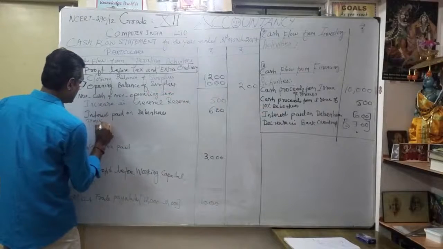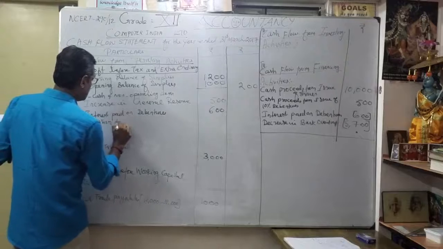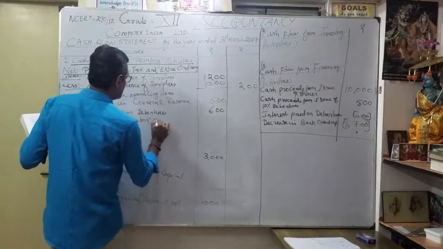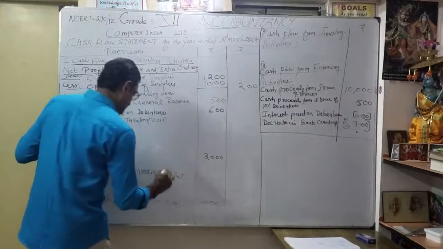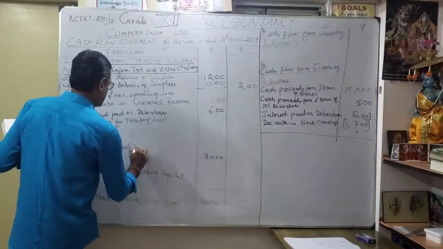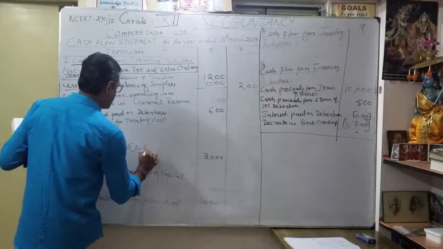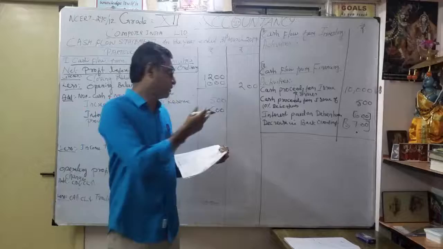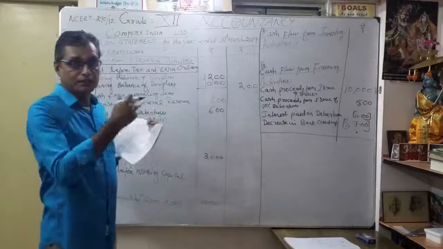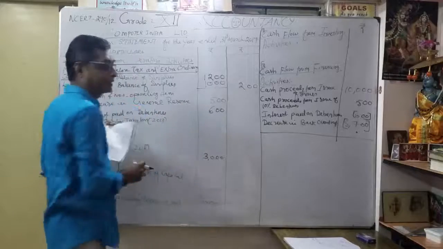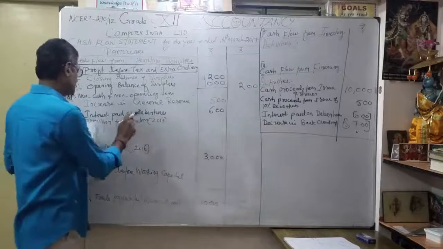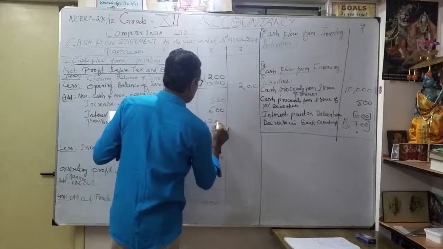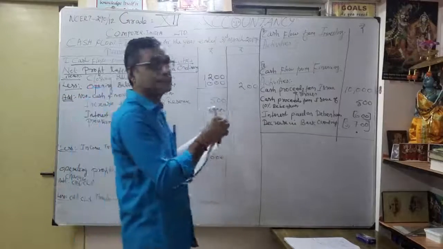Provision for taxation. This is nothing but 2017. Better write it here for the safer side, for easy understanding. Last time you confused. So where you want to show the income tax for the previous year, and where you want to show the current year. Better put in the bracket here, you are on the safer side. Okay, provision for taxation, how much? It is 4,200. Now understood. So now finished our provision for taxation work.